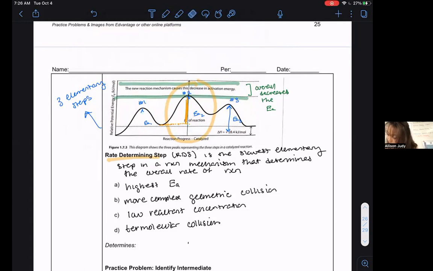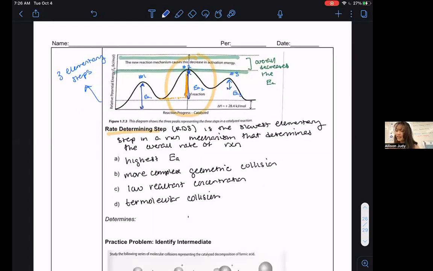I drew these activation energy arrows a little long. It goes from here to here, the relative reactant. And this goes from here to here, the relative reactant. So we can see that the second step is going to be the largest.